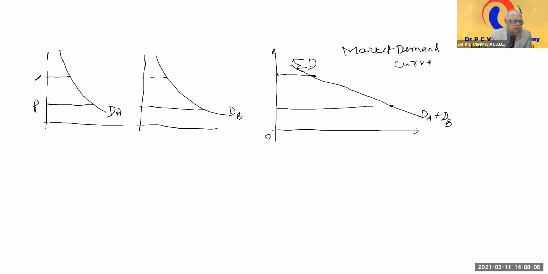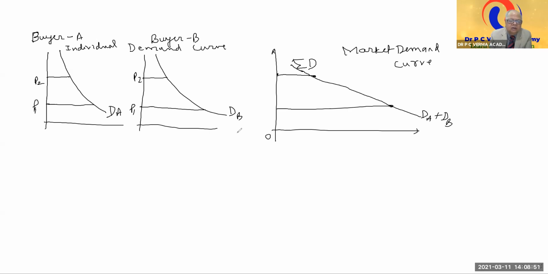Price is P1, P2. Buyer A, buyer B. That is individual demand curve.